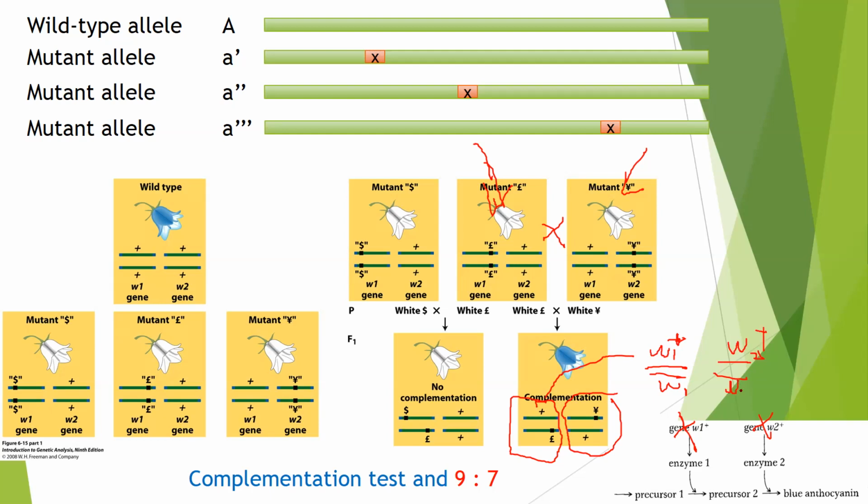This is W2 mutant. This is functional and this is functional. So in this individual, both enzymes are functional, and then the entire pathway is functional, and then you're going to see the wild type phenotype. I hope this is clear, right?